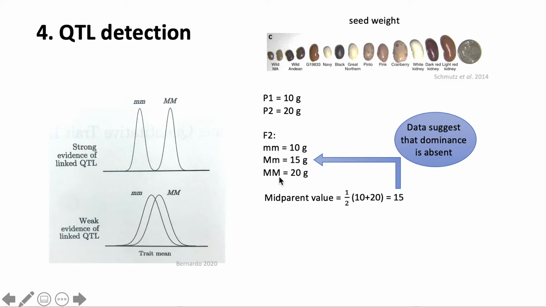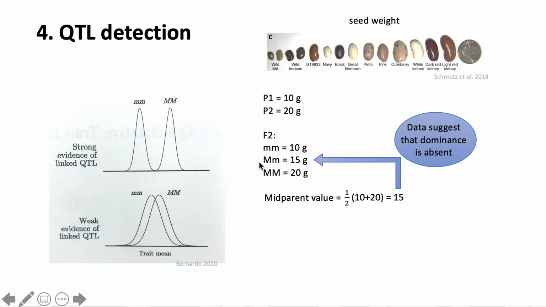As you can see here, the mid-parent value that we estimated in a previous video is the point between the parents. It is basically the average of the phenotype of the parents. Here the mid-parent value is 15, and that value is equal to the heterozygous lines.